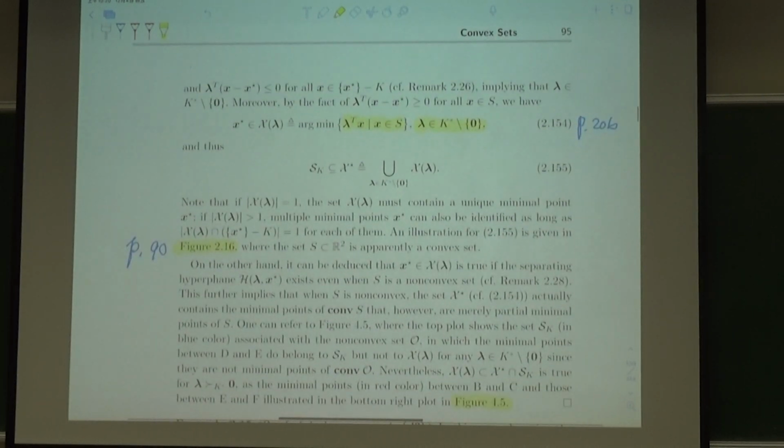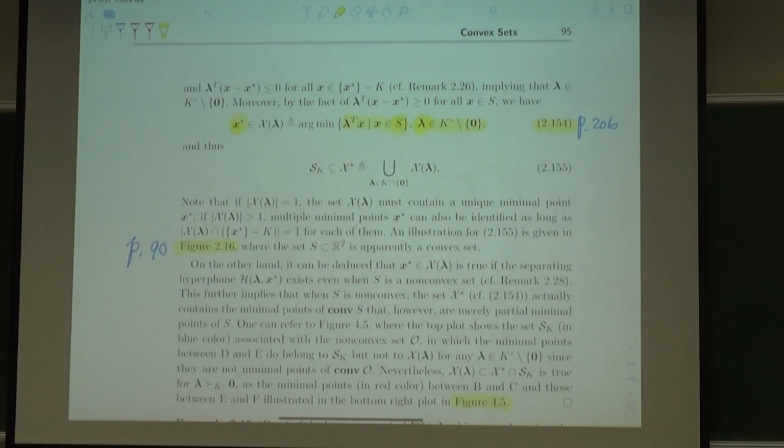We have this equation, the corresponding O. Lambda belongs to K star minus origin. This is a minimal point when S is convex, then you can find the minimal points.